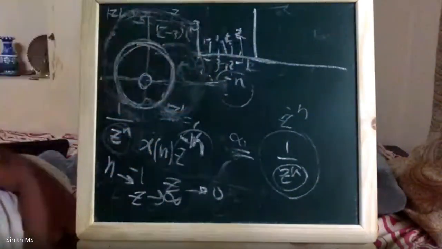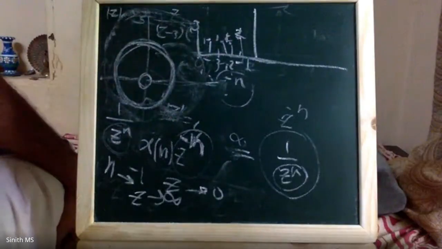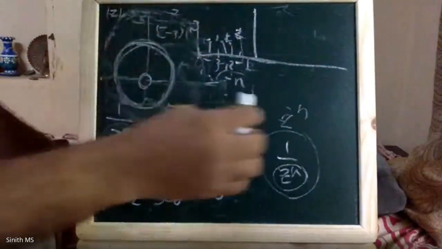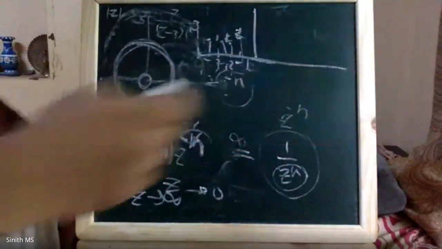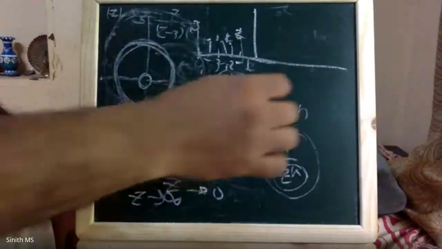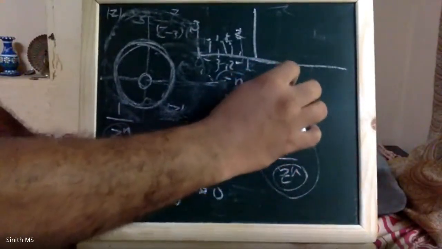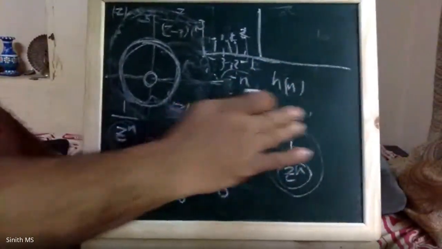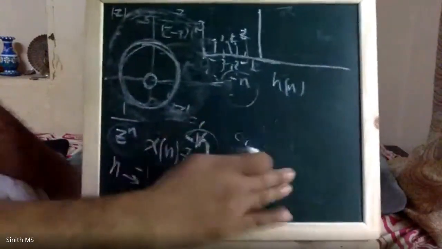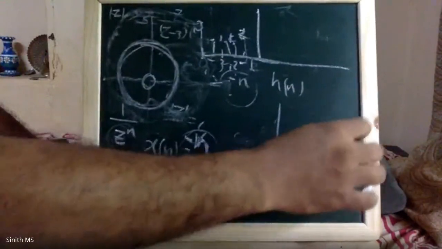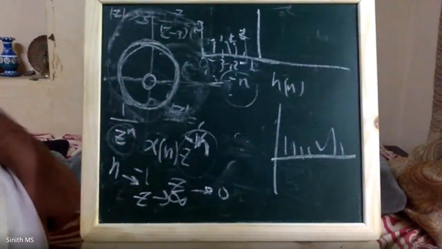So when you have left-sided signals like this, which have only left-sided values, these are not causal signals. Causal signals have values only on the right-hand side. Why do you call it a causal signal? Because if you consider h[n], the impulse response, and it is on the positive side, you call that system a causal system.